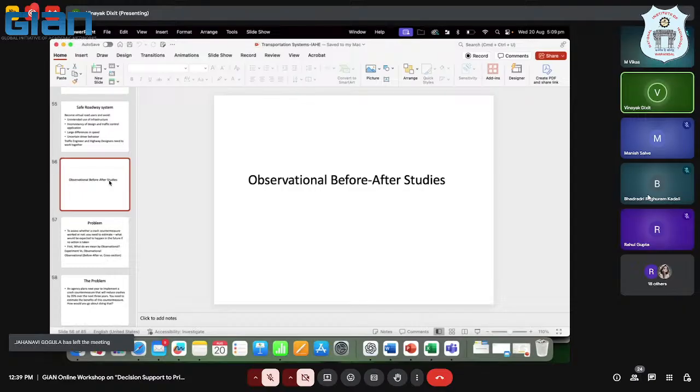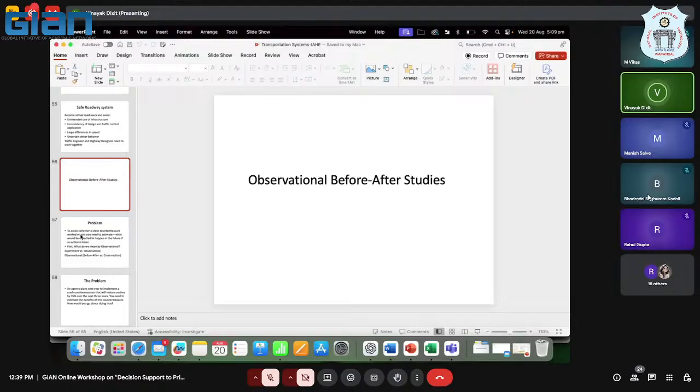One is a before and after study. So we put in an intervention. We do a before study, where we have the number of crashes for a certain period of time. We have that data, and then we do an intervention and see afterward what the reduction in crashes has been.